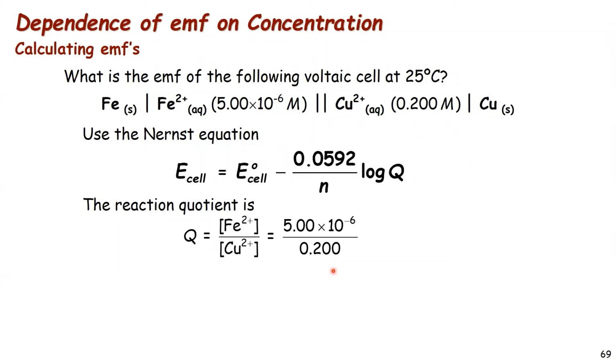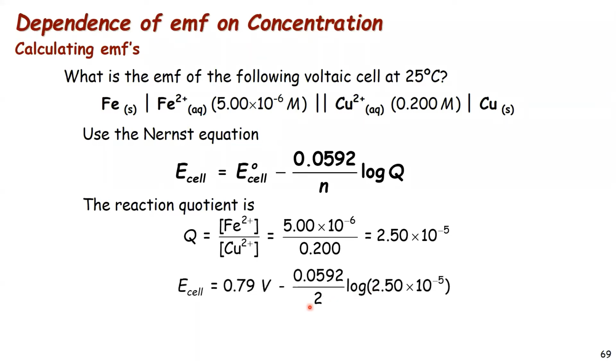And that's going to give us a Q of 2.5 times 10 to the negative 5th. So plugging all those values into the Nernst equation gives us a value of 0.93 volts. So if we made a battery out of iron and copper, we would probably call it a 1-volt battery, but the reality is it would be 0.9 volts.